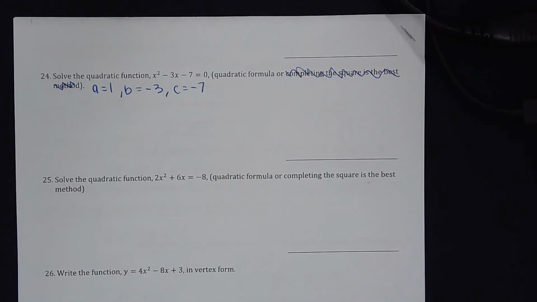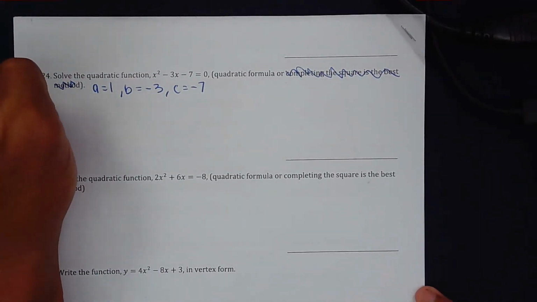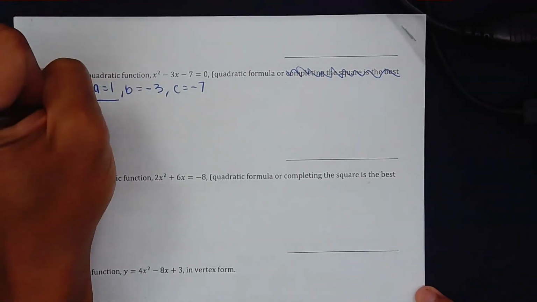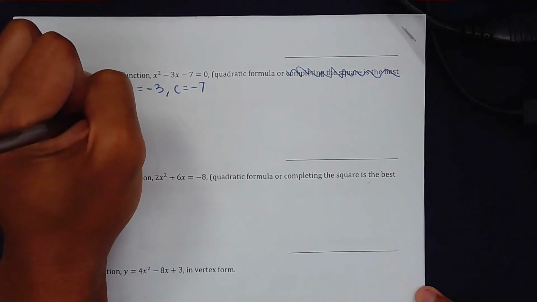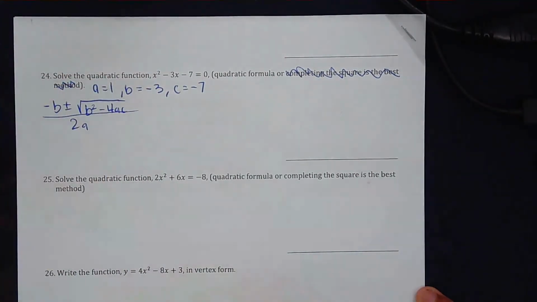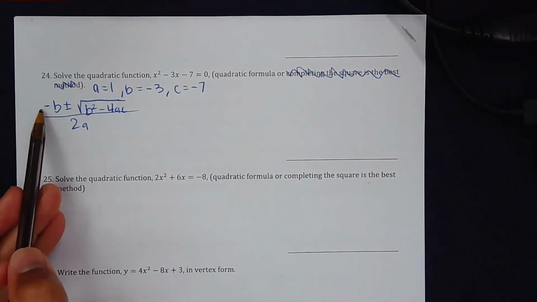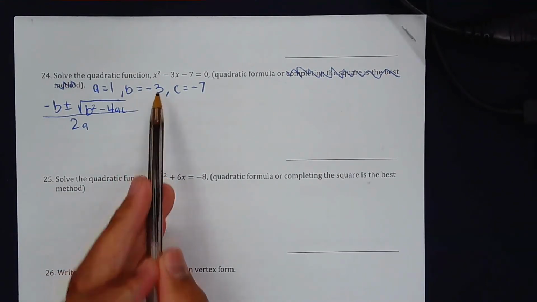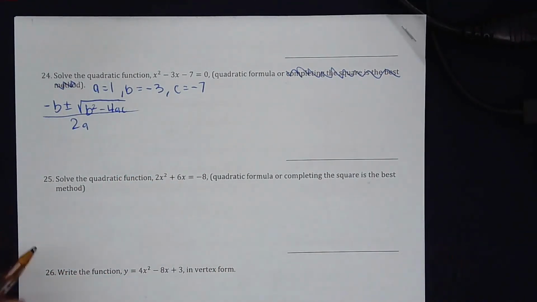All right, so inputting this into our quadratic formula, we have negative b plus or minus the square root of b squared minus 4ac, all over 2a. All right, so negative b, or the opposite of b, the negative of negative 3 would be positive 3.